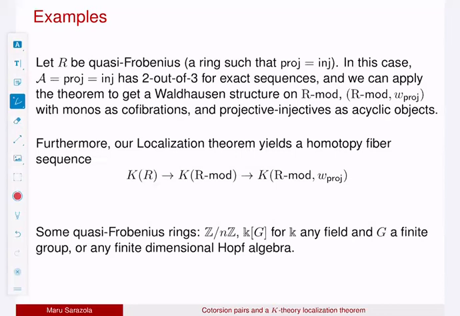Not that I know of, honestly. We do care about which functors between Waldhausen categories induce a homotopy equivalence on K theories. But that's actually quite a hard question.